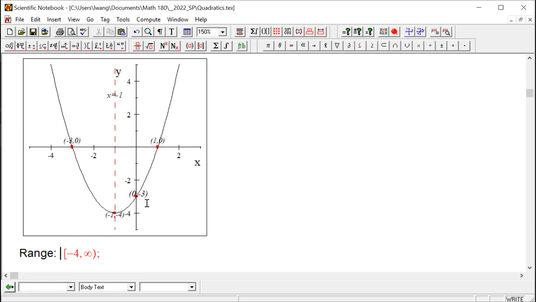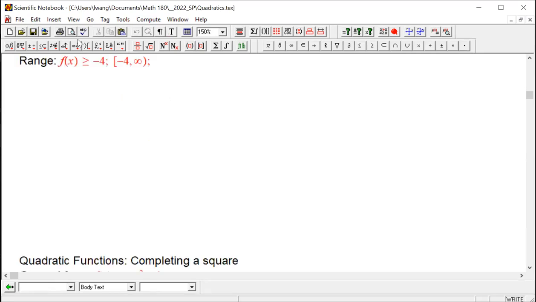That form would be f of x, the output, is at least -4. This first form is most useful. You can also just put the function in place: x squared plus 2x minus 3 is larger than or equal to -4.